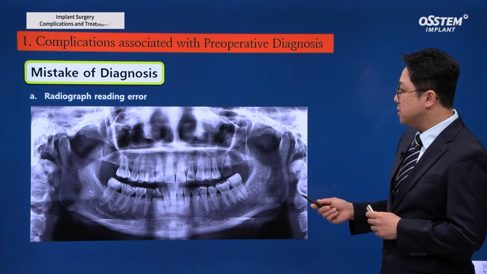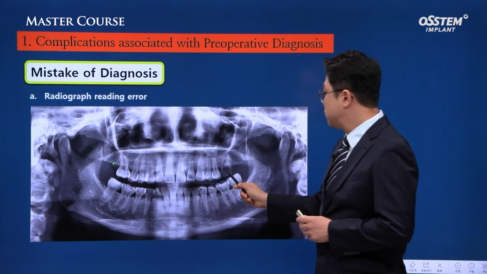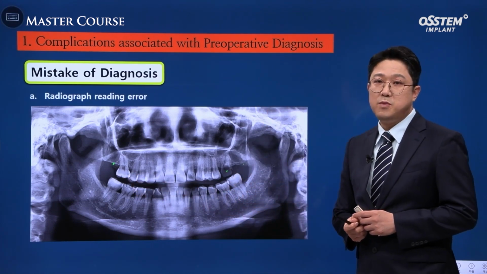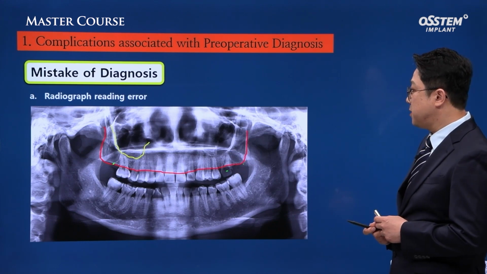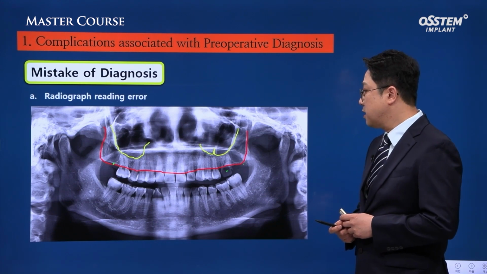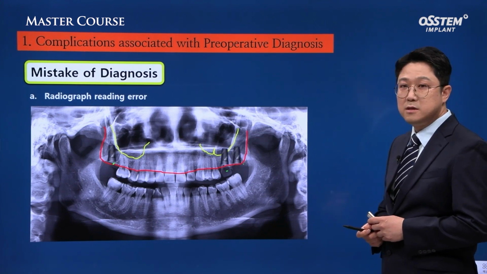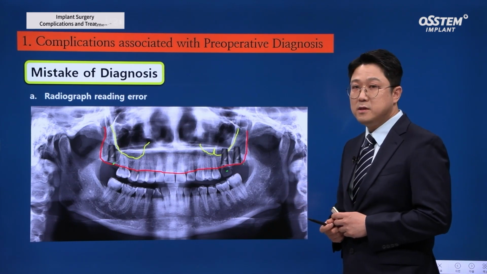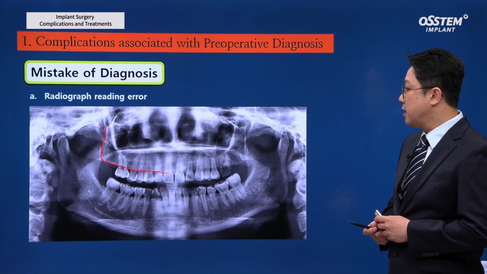In the case of this patient, in the sinus, numbers 17, 26, and 27, implants needed to be placed. I think you can read the border of the sinus like this, but this is a wrong reading of the sinus border. If you read like this and place the implant, then it could be problematic.